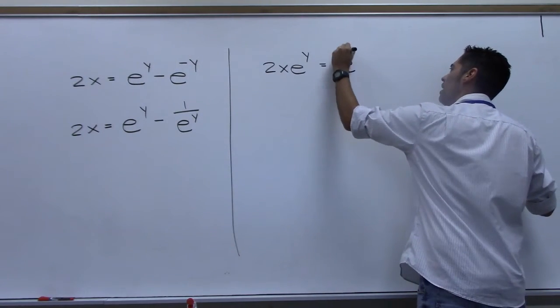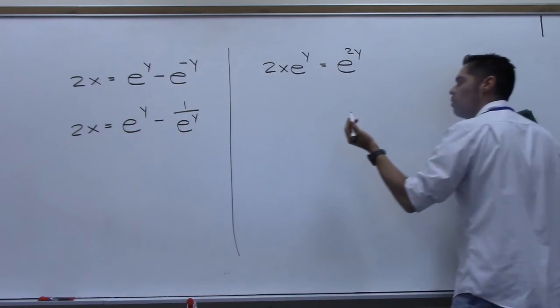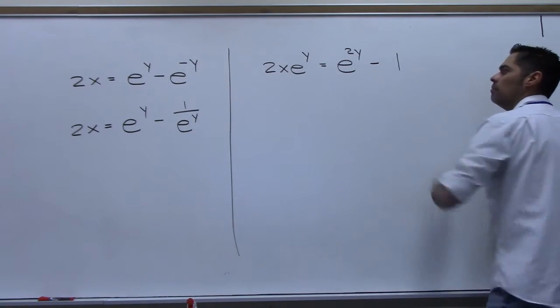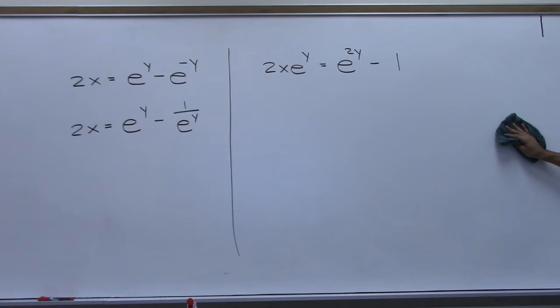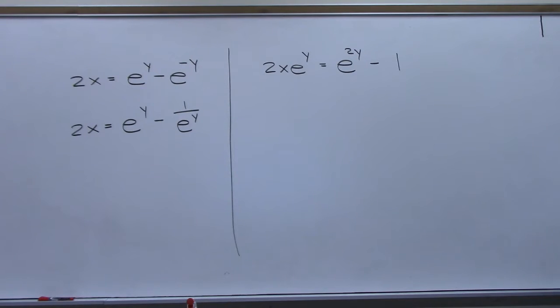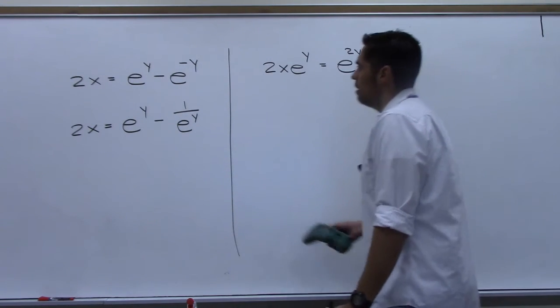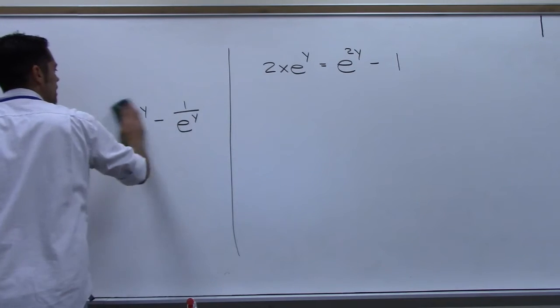E to the 2y. And then minus, what's 1 over e to the y times e to the y? Minus 1. Is that okay? You still can't do natural log. All right, so I don't want to eat up too much time on this, but I want to see if you remember this.